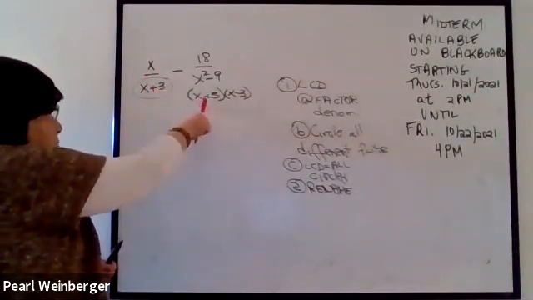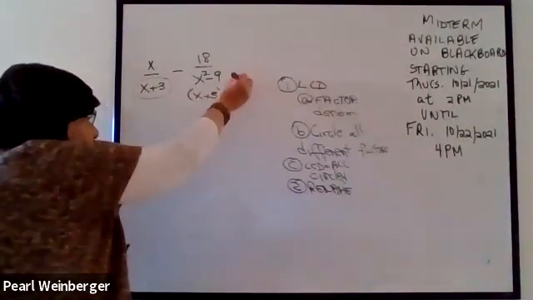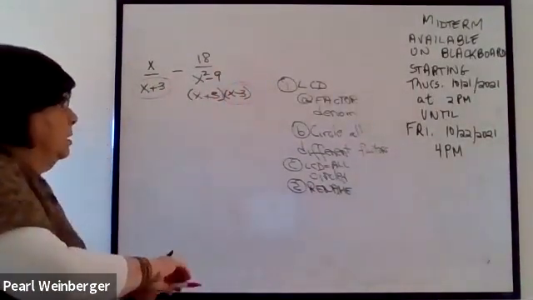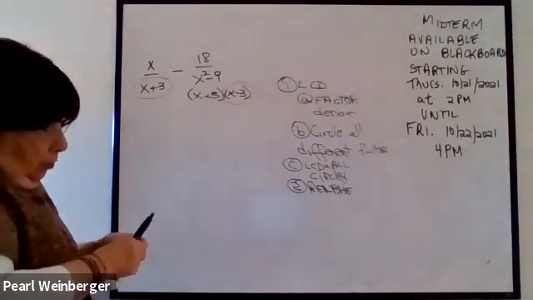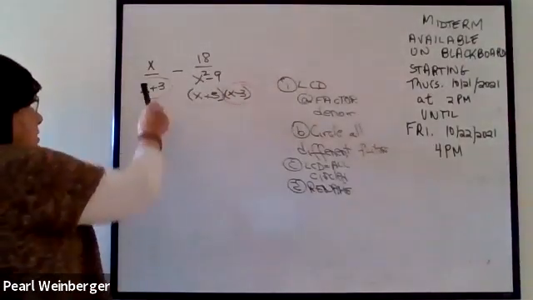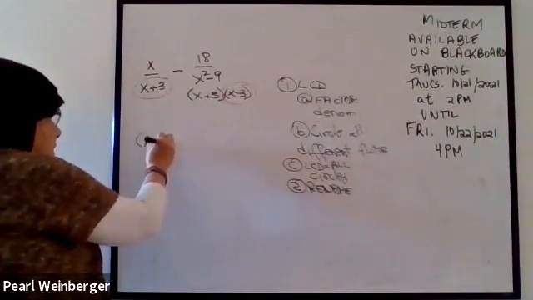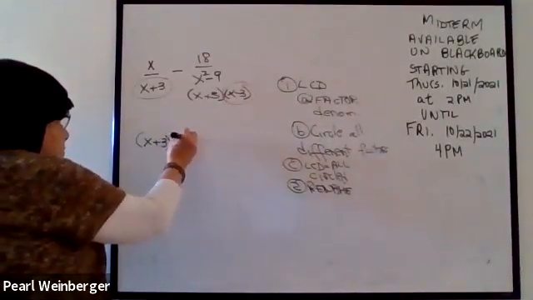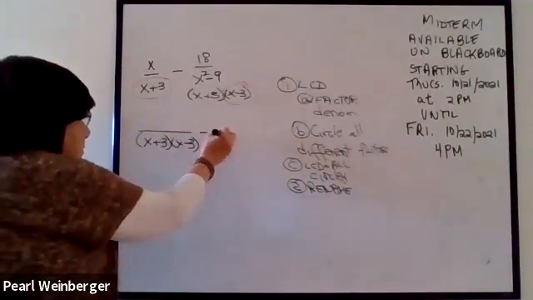So I have an x plus 3, I don't have to circle this again, but I haven't circled my x minus 3. So now I have all the different factors circled, take them together, which is the x plus 3 and the x minus 3. That is my common denominator.